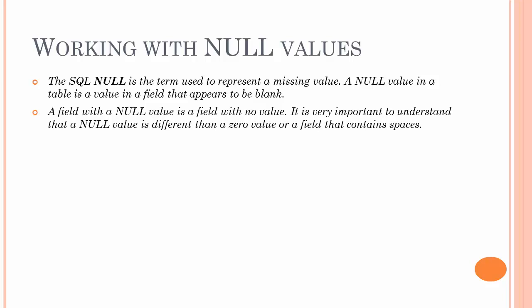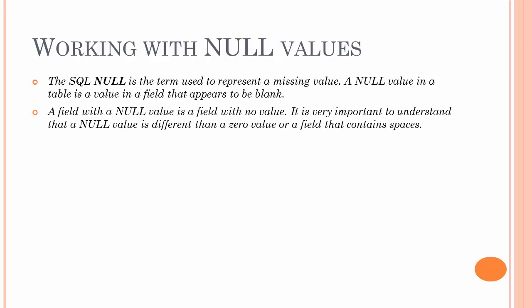So what are null values? The SQL NULL is a term used to represent a missing value. A null value in a table is a value in a field that appears to be blank. A field with a null value is a field with no value.